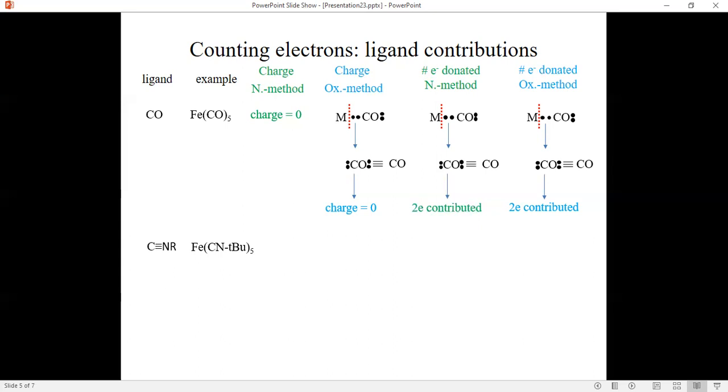Okay, charge using the neutral atom method. Well, that is always 0. What is the charge when we use the oxidation state method? Plus 1? No, it's actually 0.